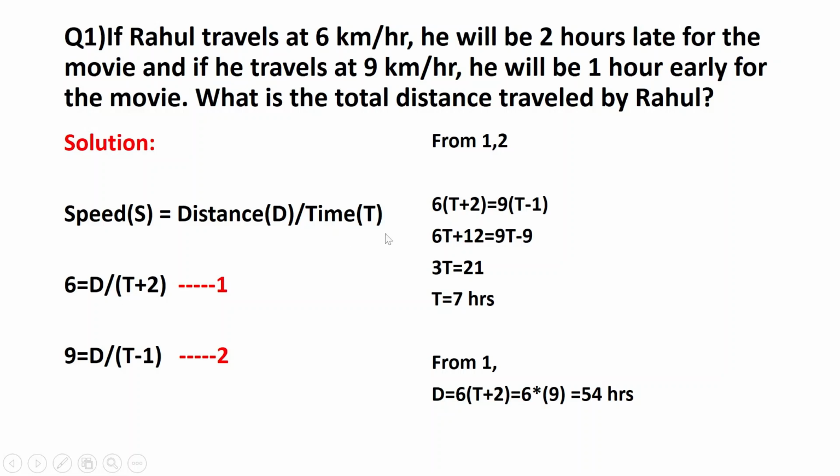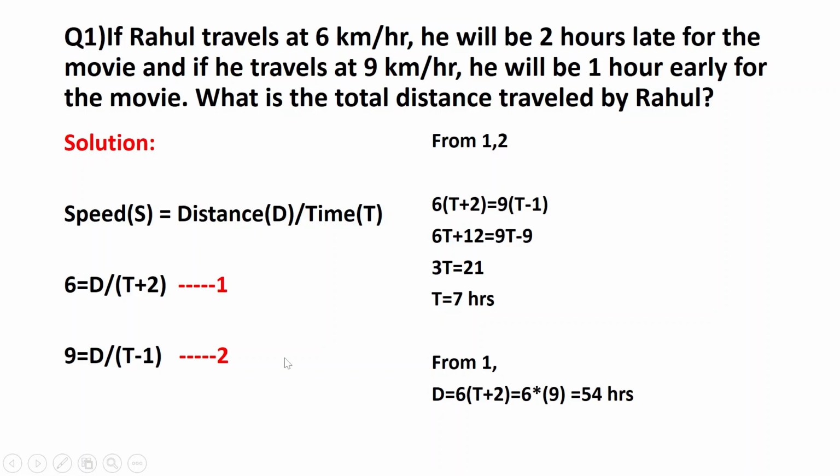Speed is equal to distance by time, S = D/T, where speed is 6, distance is common and time traveled is T + 2. Similarly, when speed is 9, distance is D, he will be 1 hour early, that is T - 1. Therefore 6 into (T + 2) is equal to 9 into (T - 1). Therefore the final time is 7 hours.